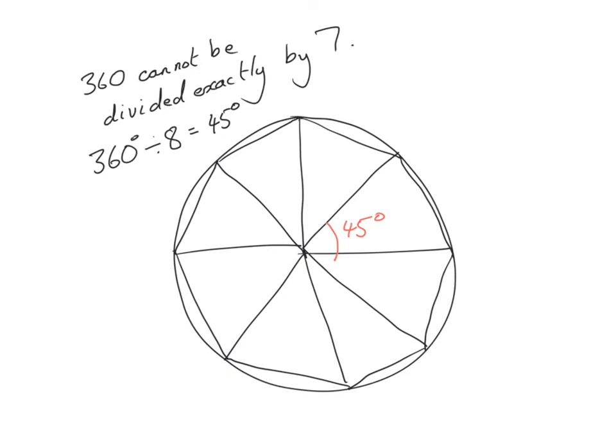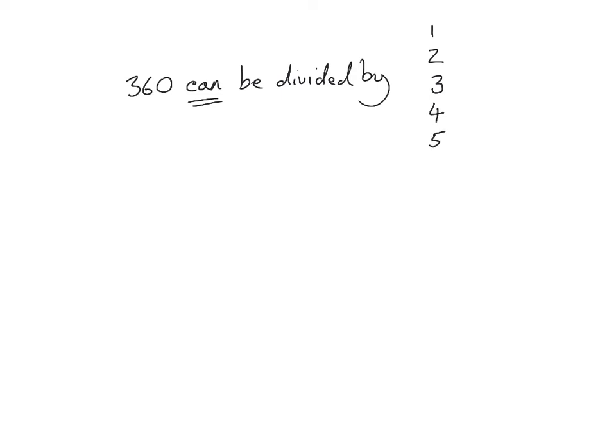And we can carry on. I'm not going to draw it, but it turns out that we can divide 360 by, well, obviously 1, by 2, by 3, by 4, by 5, by 6, not by 7, so we'll cross that one out, but then we can go on by 8, by 9, because 360 divided by 9 is 40.